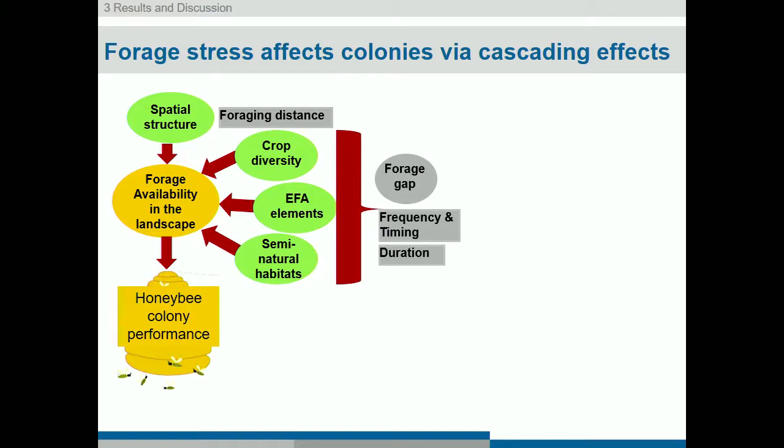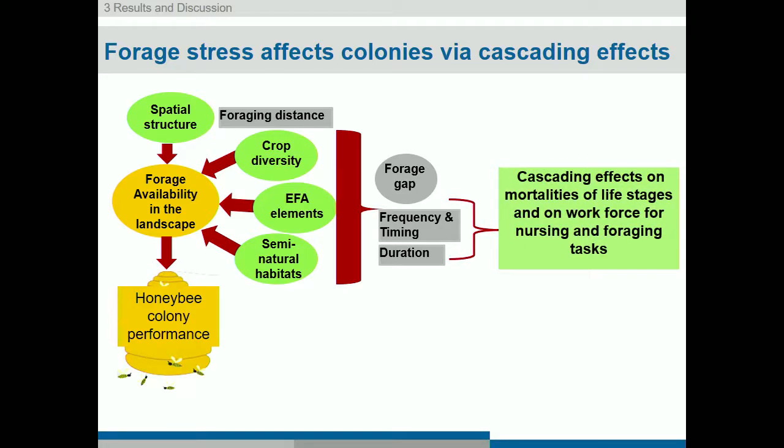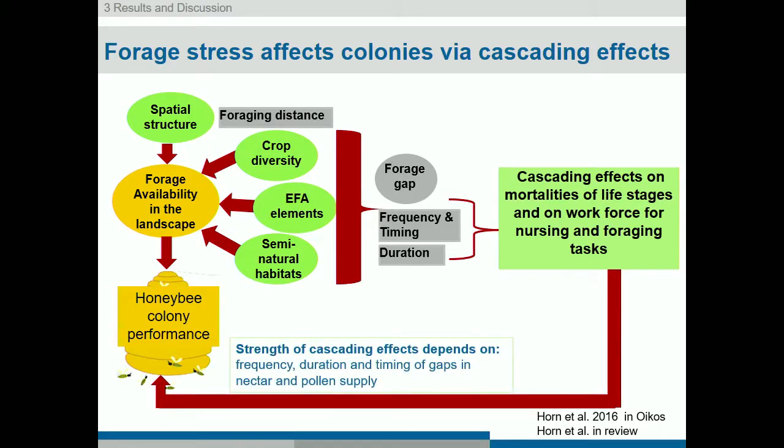All this determines the timing, frequency and duration of forage gaps where no nectar and pollen is available to the bees, and this determines the range of cascading effects on the mortalities, on life stages, and also on the force of worker bees for nursing and foraging tasks.